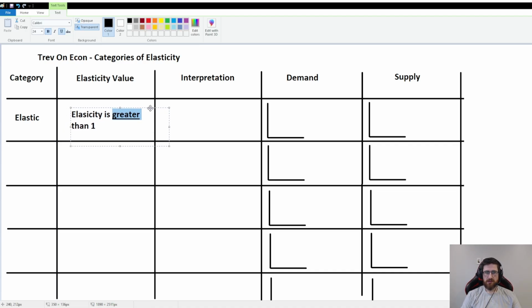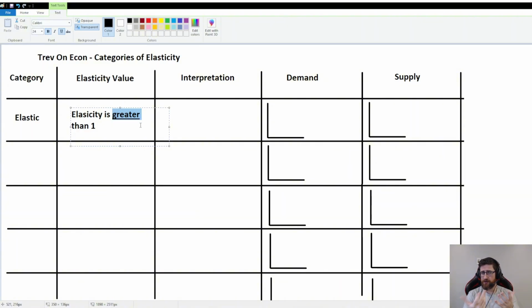So elasticity greater than 1. Now remember, we always turn elasticity into positive, at least for demand elasticity. Supply elasticity will always be positive. So we're not going to talk about negative numbers here. In fact, you're going to see in all the categories, we never delve into the negative numbers because they're just not relevant to us.